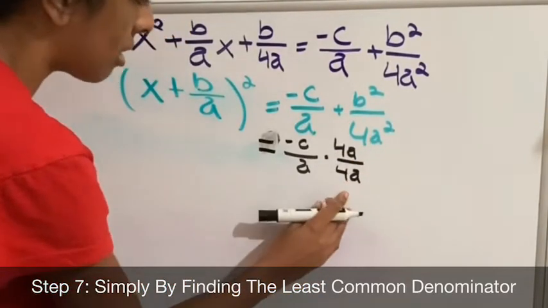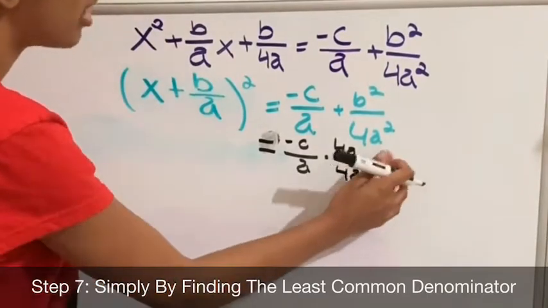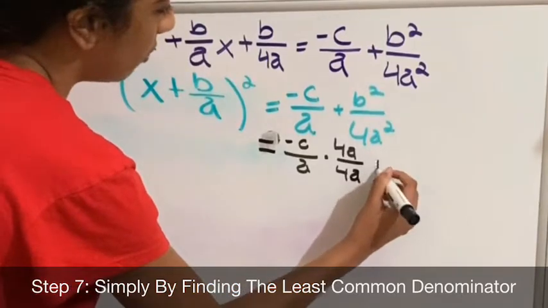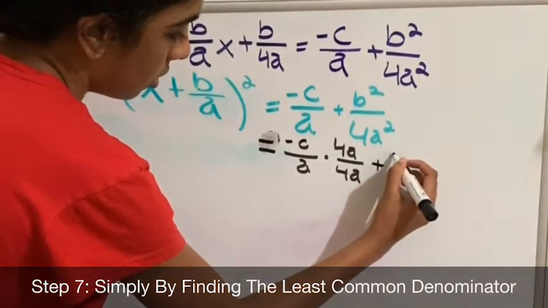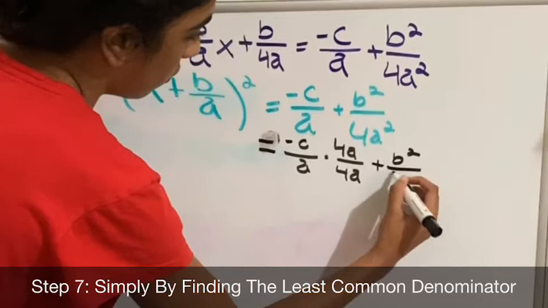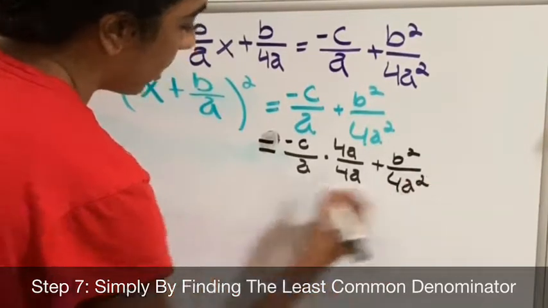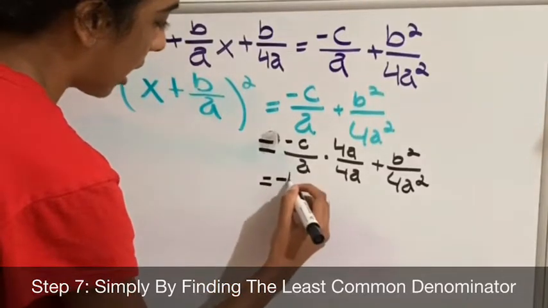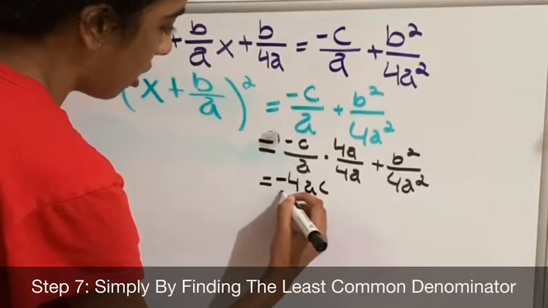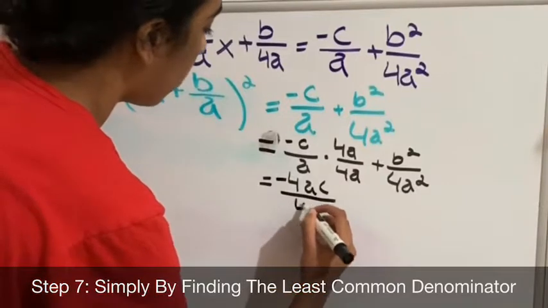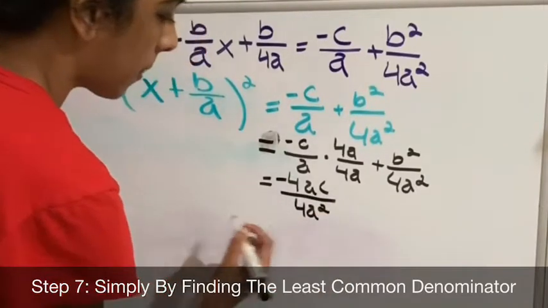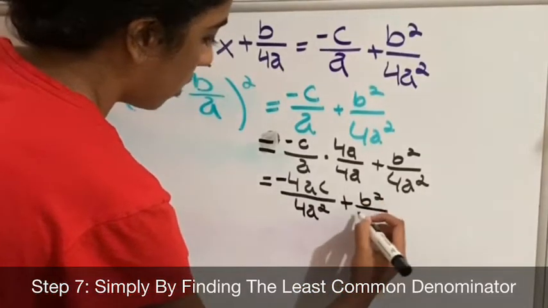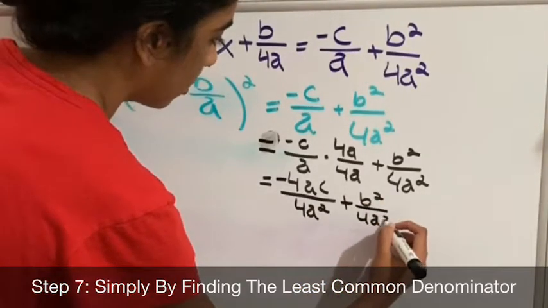Again, we are doing this in order to change the denominator so we can add it to b squared over 4a squared. So we can multiply this out and we get negative 4ac over 4a squared. Then don't forget to add b squared over 4a squared.